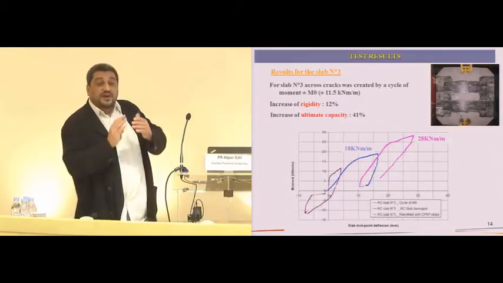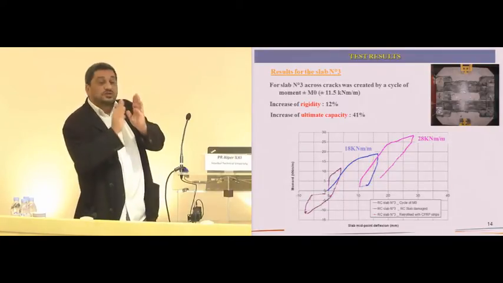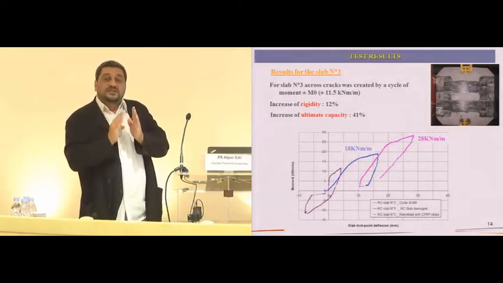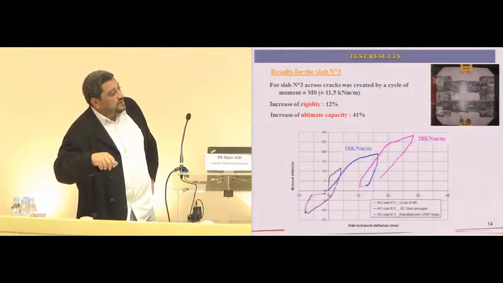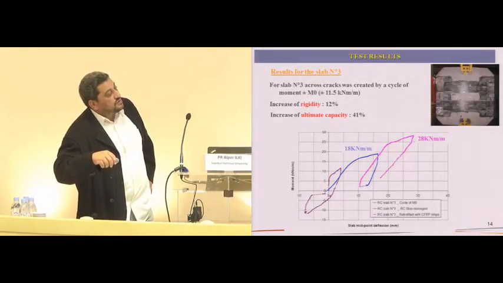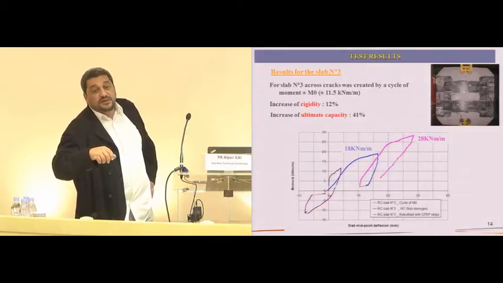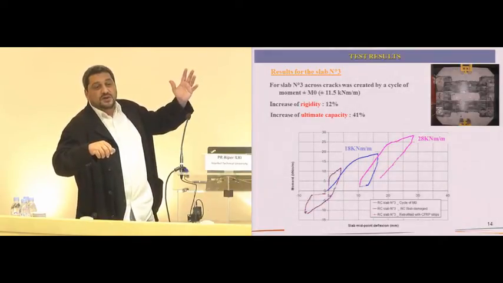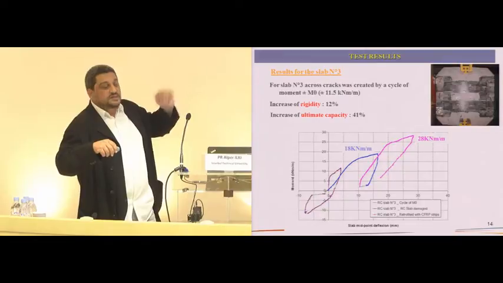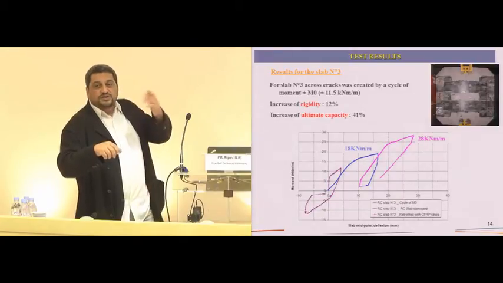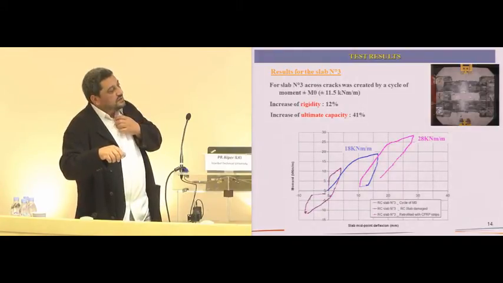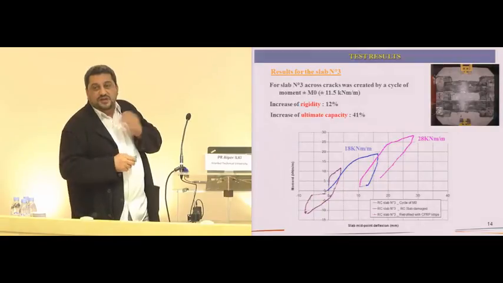And we have several cracks through the thickness, and the distance between cracks is about 100 millimeters. We also obtain an increase of the ultimate capacity of about 41%, which is quite the same as before, 50%. But here, knowing that we have in-depth cracks, the global post-crack rigidity is really less than what we had before.